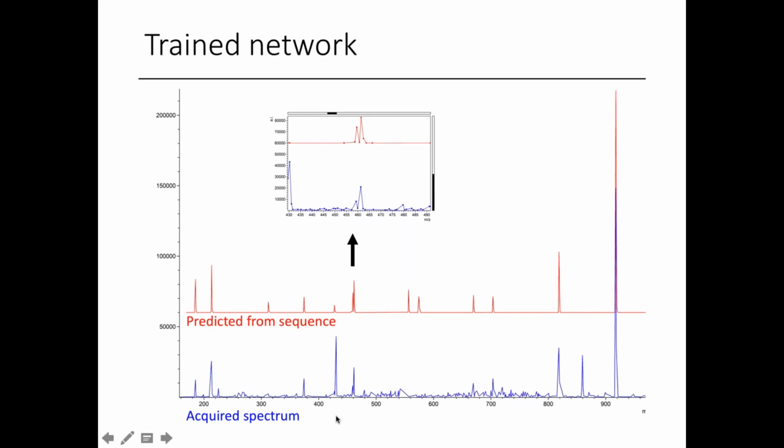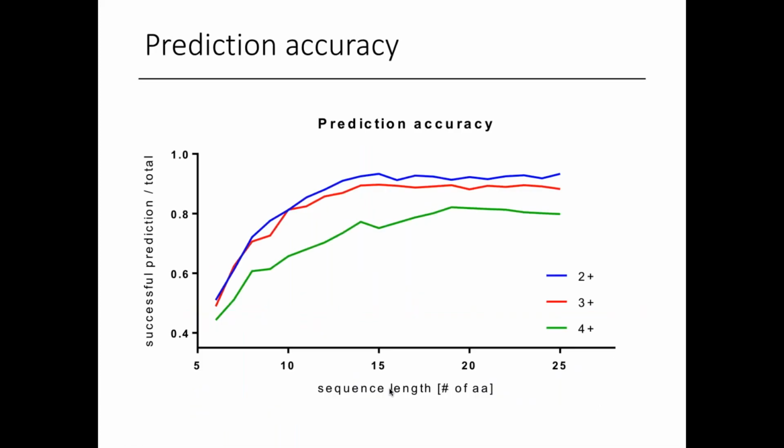And when 85% of the peaks found in the acquired spectrum are found to be correct, we call this whole thing a successful prediction. So here I show the prediction accuracy curve for this trained CNN.